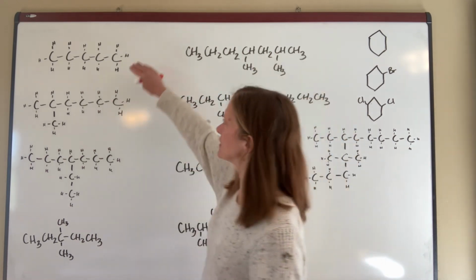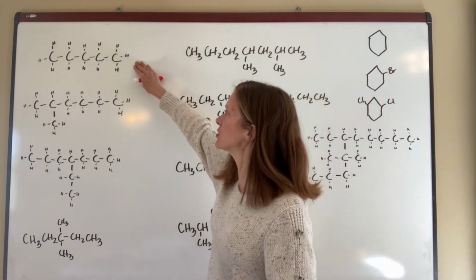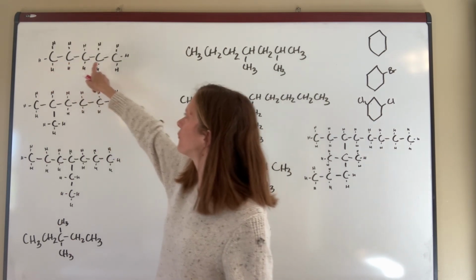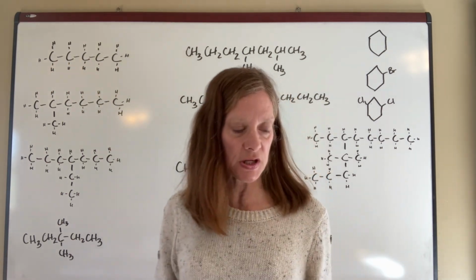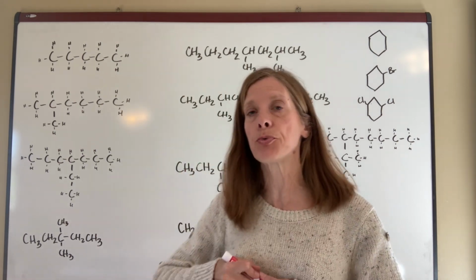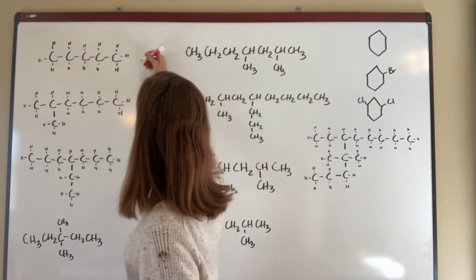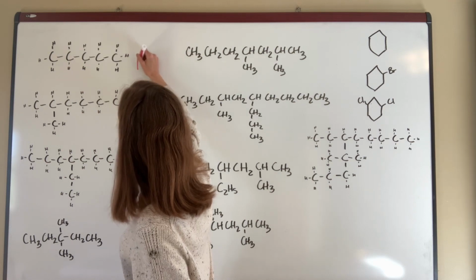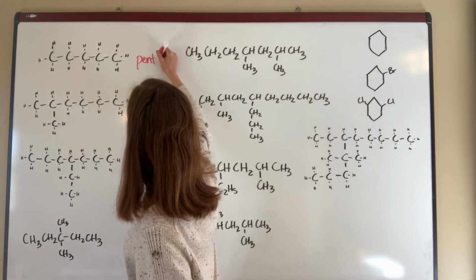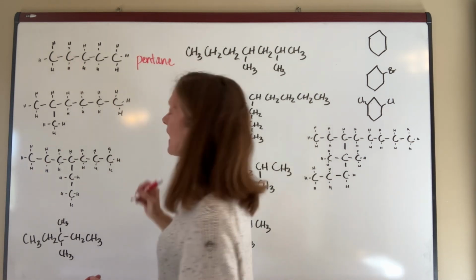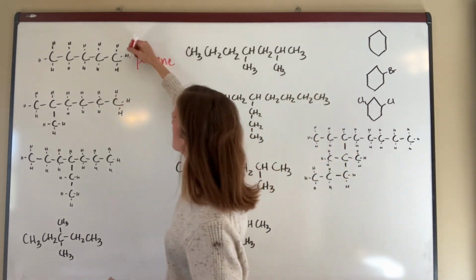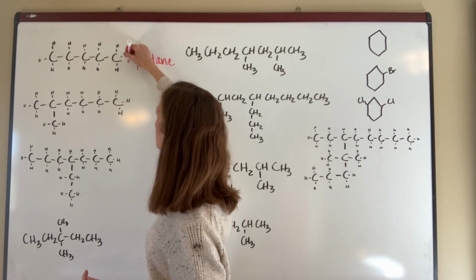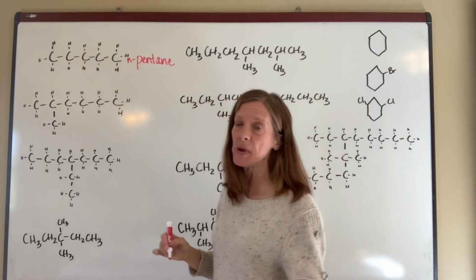So if I look at something relatively simple like this one, where I just have 5 carbons straight in a row, if you look at the table, you will see that 5 carbons has a prefix of pent, or a base of pent, and so this is going to be called pentane. And if everything is just in a straight line, and there's nothing else attached to it, sometimes we just call it N-pentane.